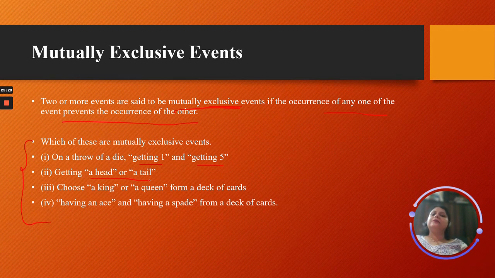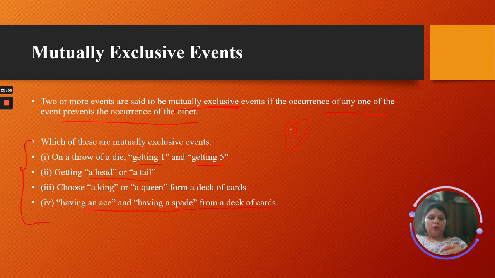But what if you get the ace of spades? We know that there are 4 aces: one of club, one of diamond, one of heart, and one of spade. So it is possible to get the ace of spades. Now what is happening here? Both these events are occurring at the same time. Now let's talk about the example of getting a king or a queen. Either you can get a king or you can get a queen when you pick a card from the deck.